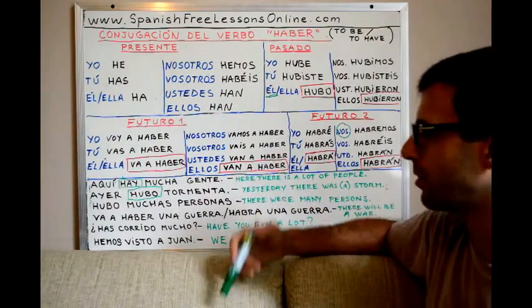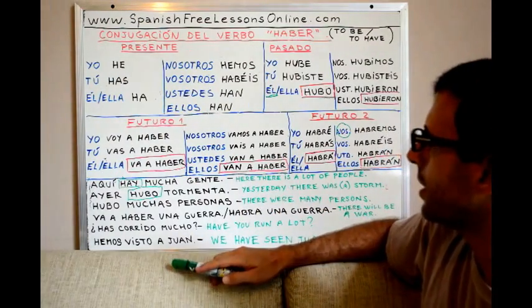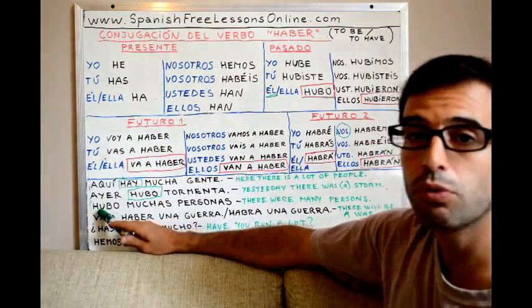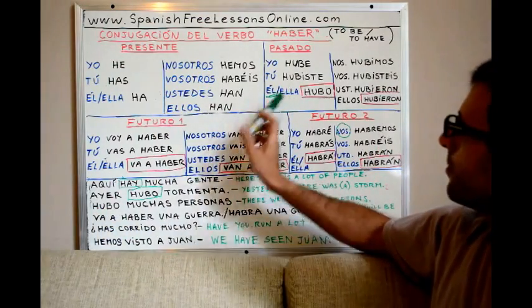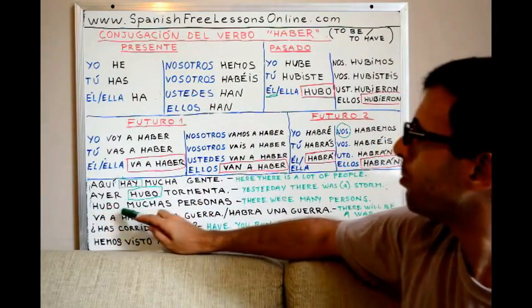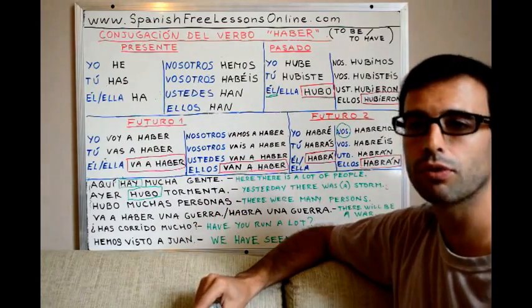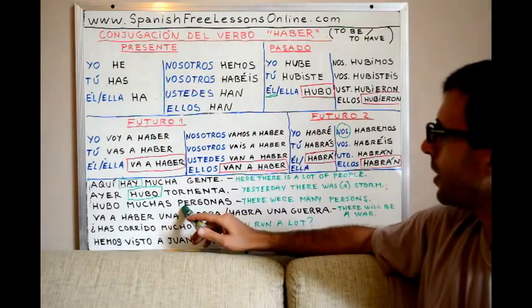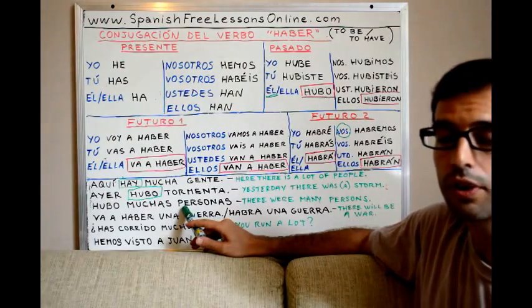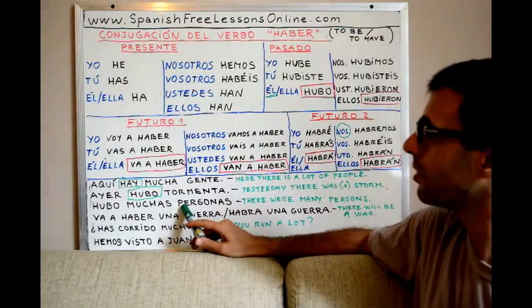There was something. Okay. But here we also use hubo. Hubo muchas personas. And look at this. Personas means persons. There were many persons.